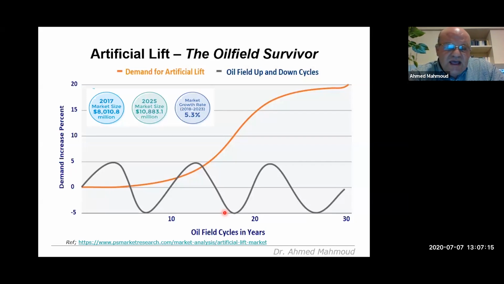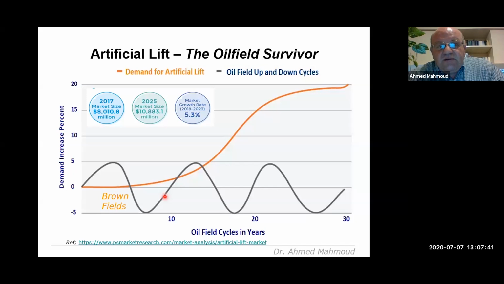At the time when we have a down cycle, the operators will typically go and start using artificial lift systems in brownfields. Because as the oil field is going into the down cycle, the cost of going into exploration fields is very expensive.